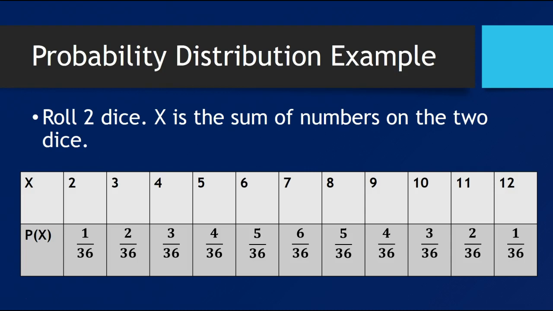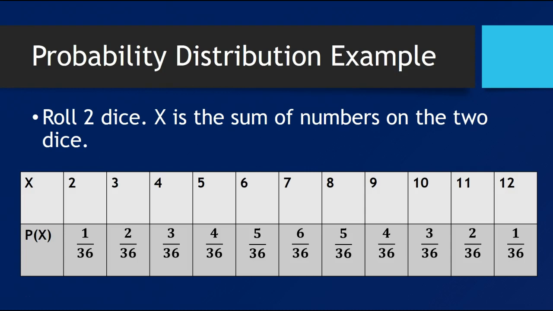So we're going to let x be the sum of numbers when you roll 2 dice. Since each die has 6 possibilities, there are 6 times 6 or 36 different combinations of what you can land on in the numbers.